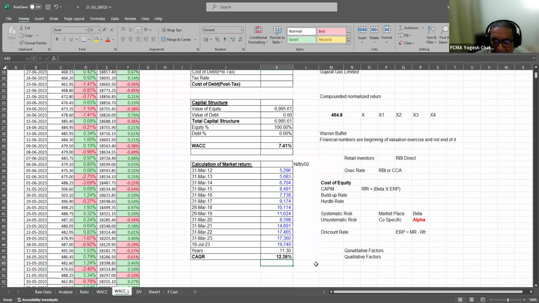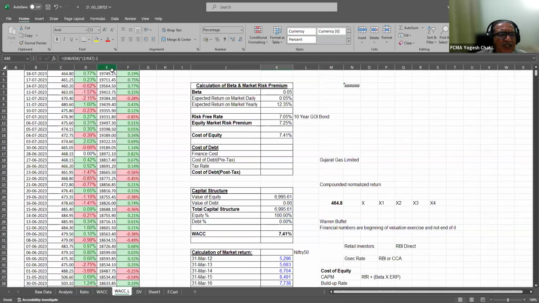Remember Warren Buffett's company, the compounded average growth rate right from 1965 till 2023 was around 19%. So much higher as compared to the Nifty 50 return. That is how he is recognized the world over as the best investor. So that is about the market return.